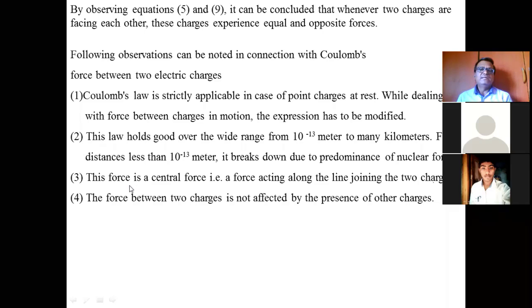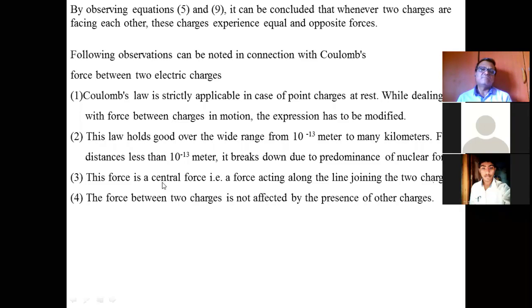Then number 3, this force is a central force. Central force means the force is acting along the direction of the line joining these two charges. Along the direction of the line joining these two charges, hence it is called the central force. म्हणजे Q1 आणि Q2 हे दोन चार्जेस जर असतील तर फोर्सची डायरेक्शन Q1 पासून Q2 पर्यंत असेल, Q1 पासून दुसरीकडे डायरेक्शन नसेल किंवा Q2 पासून दुसरीकडे डायरेक्शन नसेल.